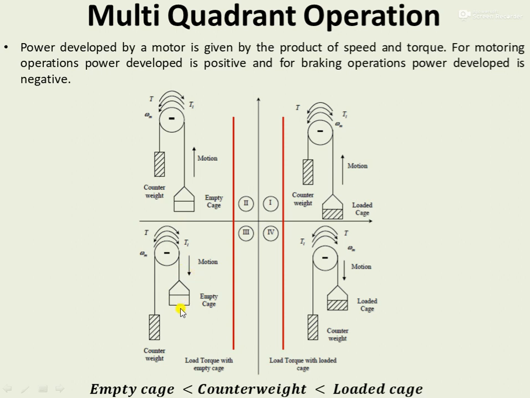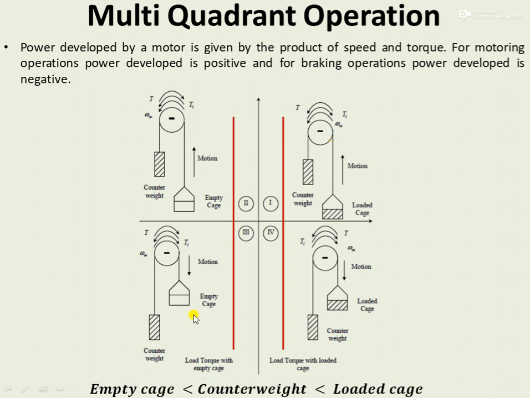As the motion of the empty cage is towards the downward direction, the operation in the third quadrant indicates the reverse motoring operation. Reverse indicates the downward motion of the cage. In the first and second quadrants, the upward motion of the cage indicates the forward direction.